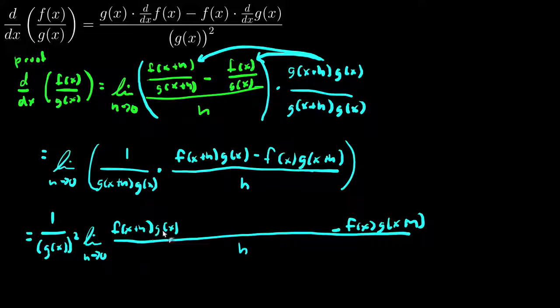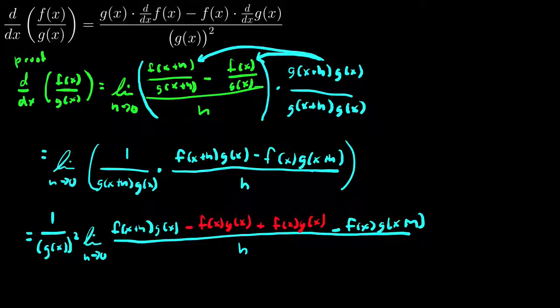The term I'm going to fill in is going to be this: minus f of x, g of x, plus f of x, g of x. And I can do this because when I subtract and add the same thing, it's like adding on 0. It doesn't change anything. And the reason I do this is the following.